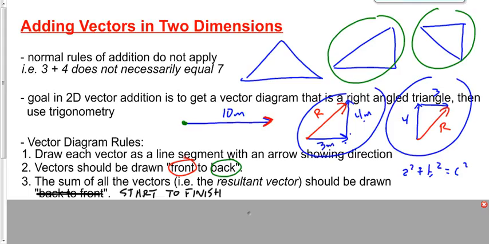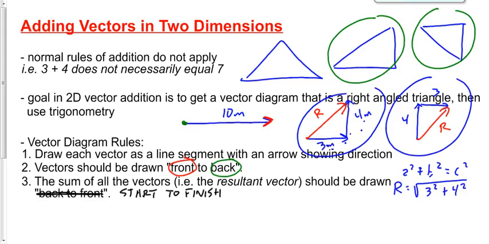Well, c is the value of r there, right? So we're going to say r squared is equal to a squared plus b squared, or r is equal to the square root of 3 squared plus 4 squared. And when you do that, you get 5. This is how 3 plus 4 can equal 5 when you're adding vectors.